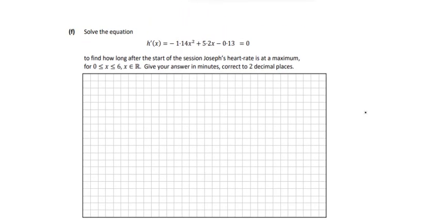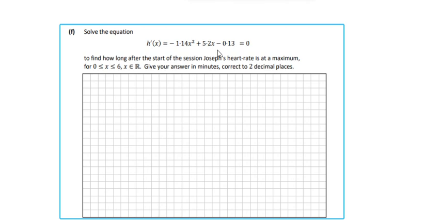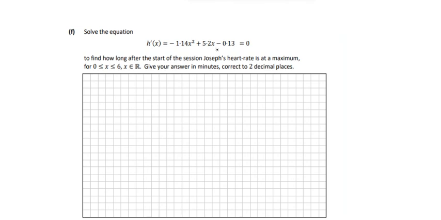So solve the equation h dash of x equals 0, to find how long after the start of the session Joseph's heart rate is at a maximum between 0 and 6. Give your answer in minutes, to the correct decimal places. Right, so this is actually just a quadratic, really.